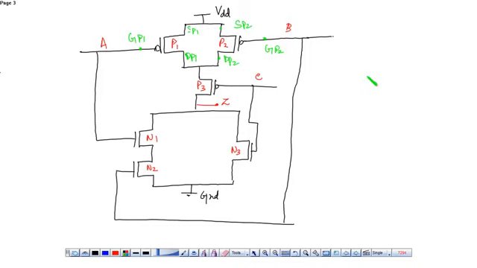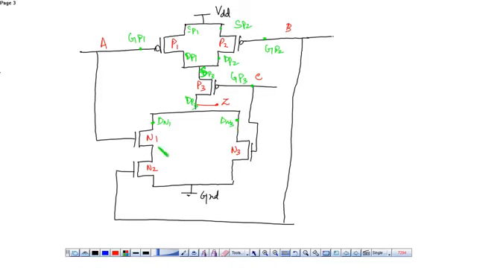Now similarly, this is the source of P3, this is the drain of P3. Why? Because from the drain terminal you obtain the output. This is the gate of P3. Similarly, the output is obtained at the drain terminal, so this is drain. This is also drain of N1, drain of N3.